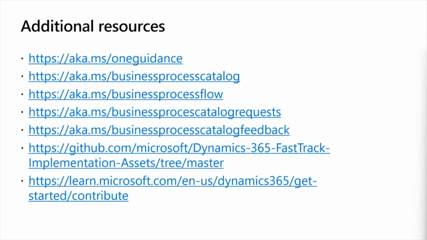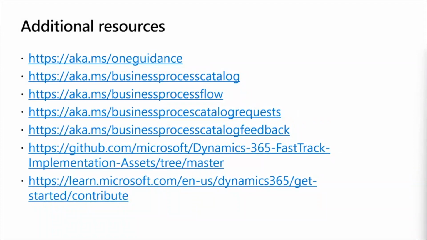If you don't have this one bookmarked, I would strongly urge everyone to go ahead and save this one into your favorites. The second link here is the link to actually download the business process catalog. That can be found at aka.ms/businessprocesscatalog. This is the link that will let you download the Excel spreadsheet that we have available.